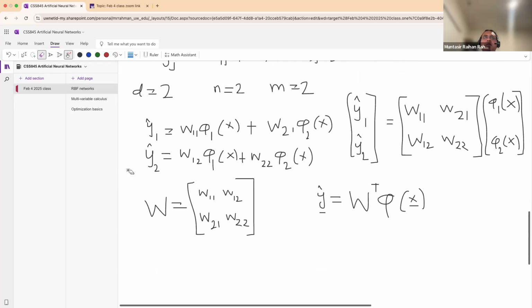First of all, let's look at this layer here. I have phi 1 of, actually this is bar, so this is a vector, right?